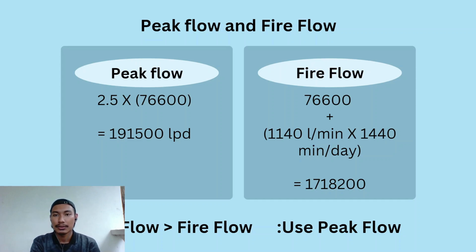The next one is the fire flow, which is the total water demand value, 76,600, plus the fire risk, and then we get 1,718,200. From the two values, we need to choose the highest one, so we choose the peak flow as our Q.